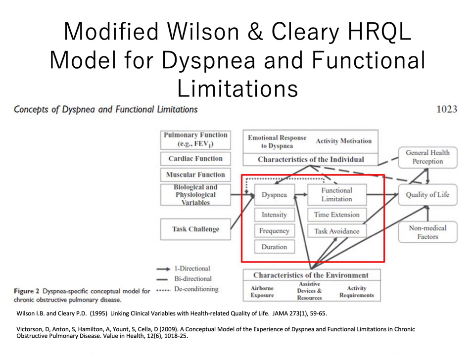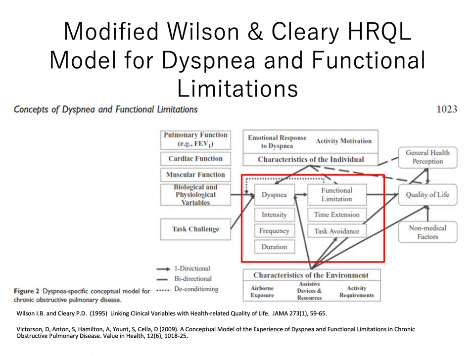I'm going to now focus your attention to the red box, or the red rectangle, where you can see actually the areas in which we were most interested and patients were most interested in terms of what their experiences were. So dyspnea symptoms on the left-hand side, which included their intensity, their frequency, and their duration, as well as the functional limitations that occurred because of the dyspnea, the time extension that related to, and the task avoidance.